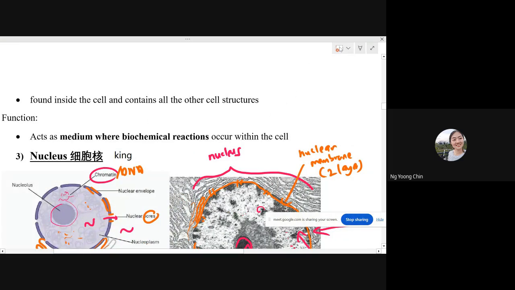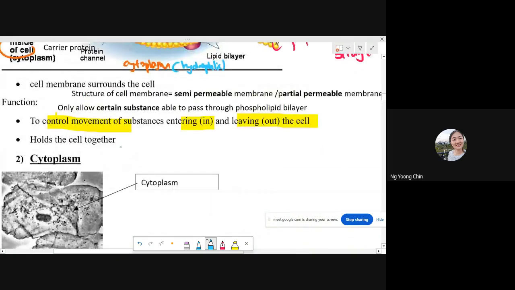So it is just a medium where the biochemical reactions occur. The cytoplasm is like a fluid, a lot of fluid inside the cell.